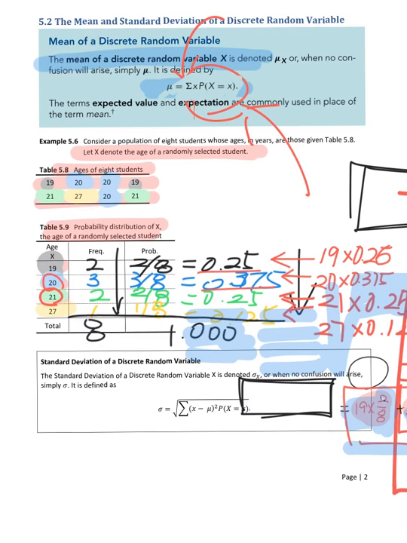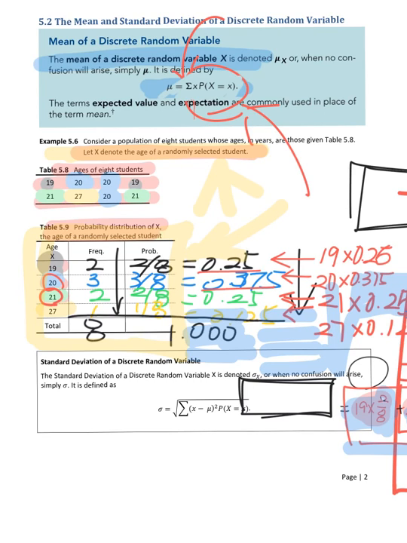Now we have a summarized table. Before we had raw data: 19, 19, 20, 20, 20, 21, 21, and 27 in chapter 3. But now we have a random variable, and we summarized the random variable.